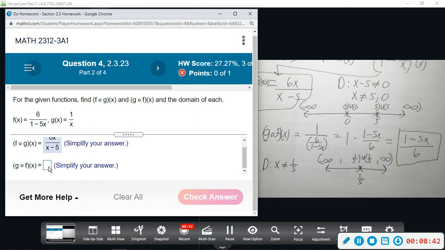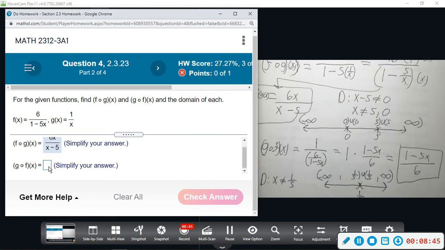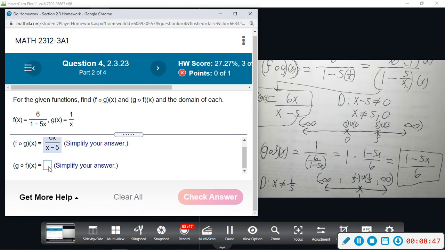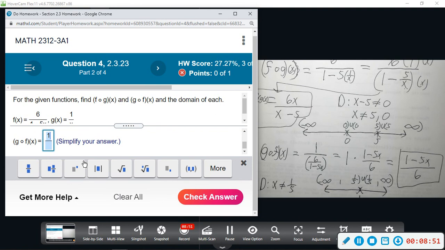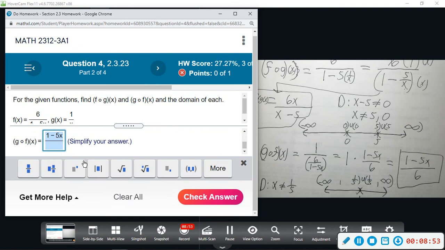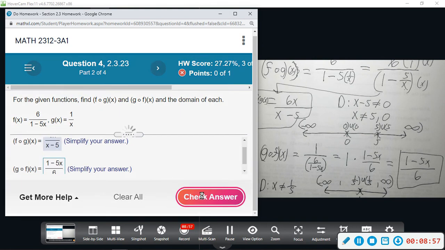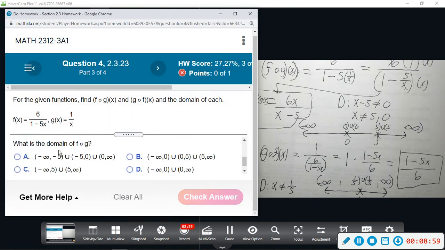So we got all the pieces now. We can plug it in. So this function was 1 minus 5x over 6. And then domain of f of g, that was the first one we did.